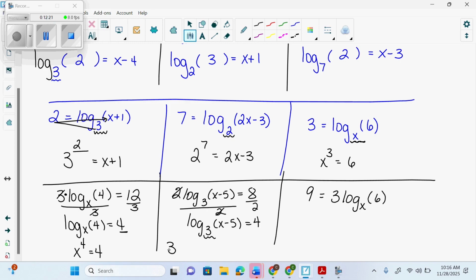What's going to go up here? 4, and it's going to equal x minus 5. To solve it out, I would just have to add the 5 over, right? But I'm just asking you to convert right now. This one, divide the 3 over first. So I get 3 equals log base x of 6. And so we're going to get x to the 3 equals 6.